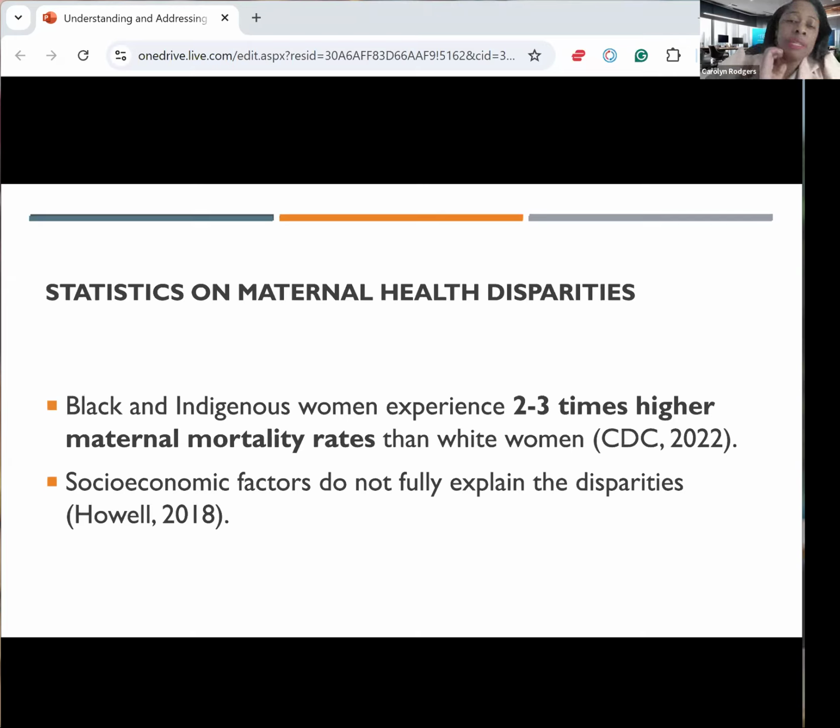Number two is that implicit bias operates independently of socioeconomic status. That's important to note because implicit bias is unconscious and it affects clinical decision-making, even when providers know what a patient's socioeconomic status is.